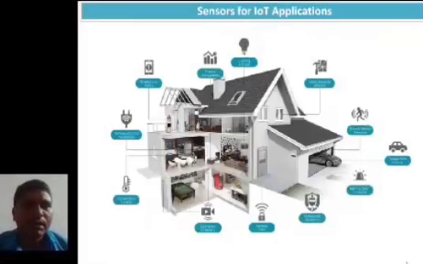Before starting the types and what is meant by sensor, let me ask you some simple questions. How does a smart system know the temperature of your room? And one more question: how does a street light turn on automatically at night?